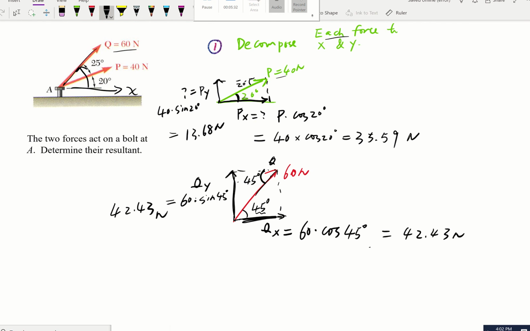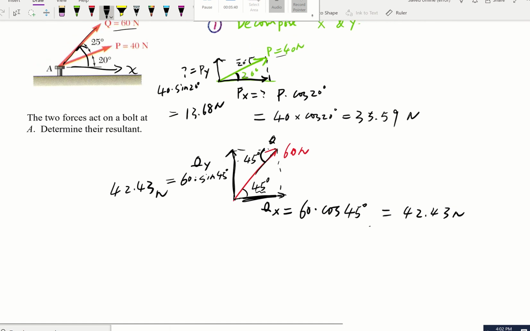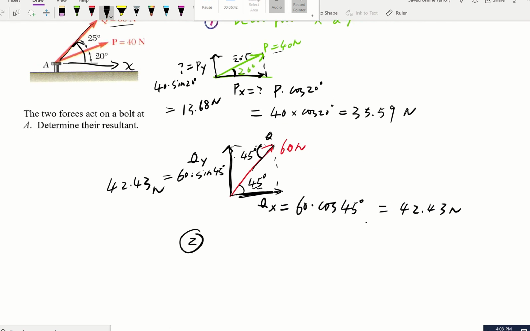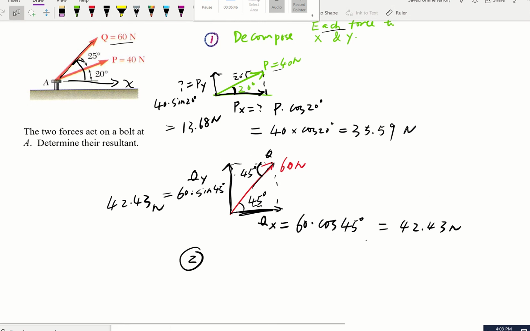Then we have finished the first step. Our goal for the first step is just to decompose each force into an x and a y. We did it. And now the second step, thinking about our logic. In the last video, we said once we decompose, we're going to add all the x together.